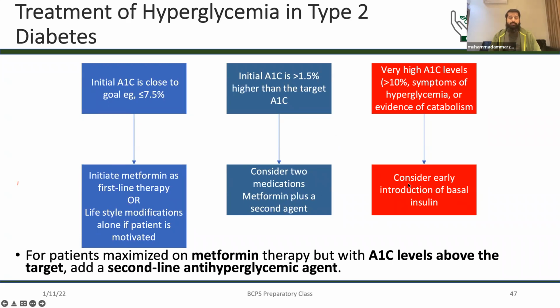So keep in mind that insulin is not only used in type 1 diabetes, it is also used in patients of type 2 diabetes who have very high A1C levels, or who have symptoms of hyperglycemia or evidence of catabolism in the body.